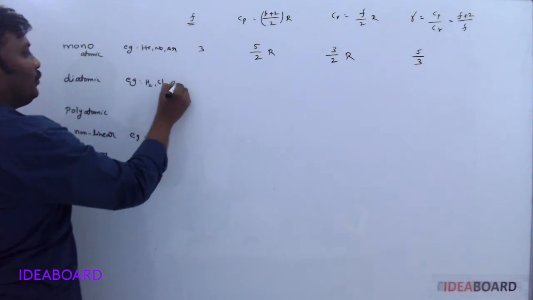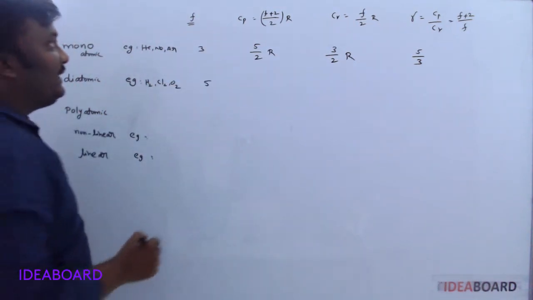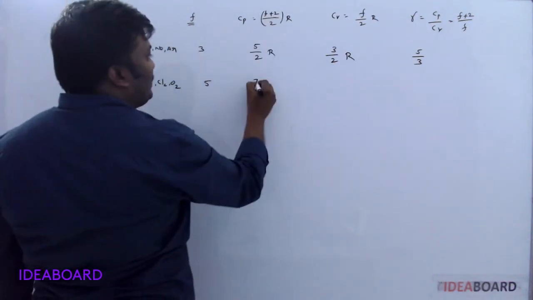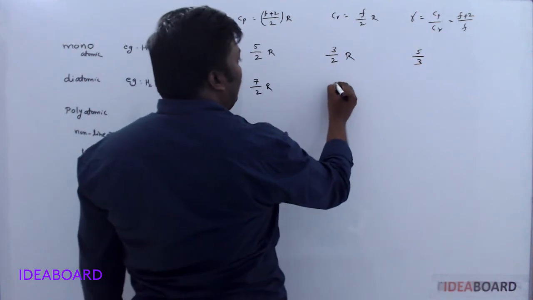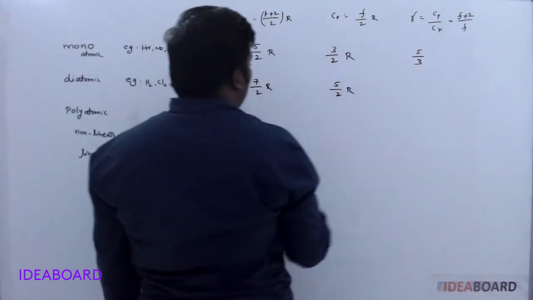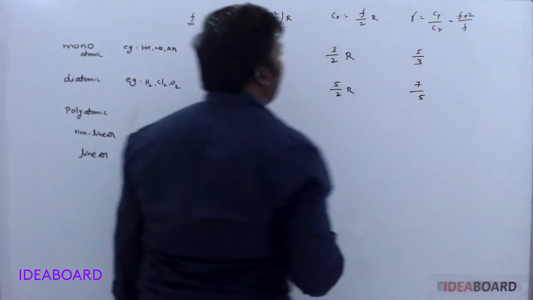H2, Cl2 or O2, number of degrees of freedom are 5 we said, then 5 plus 2, 7 by 2 R is the Cp value, Cv value 5 by 2 R. R by 2 cancels, then 7 by 5.